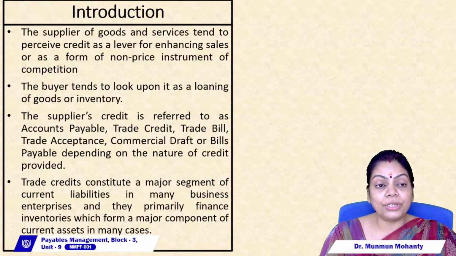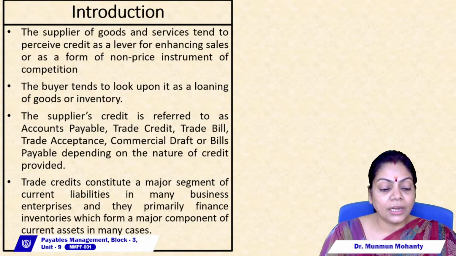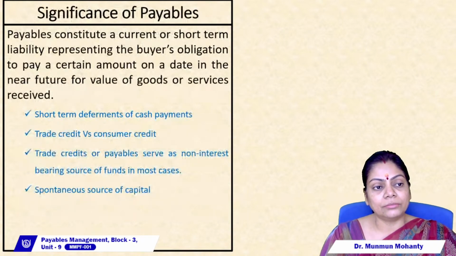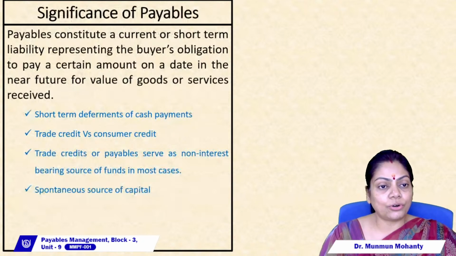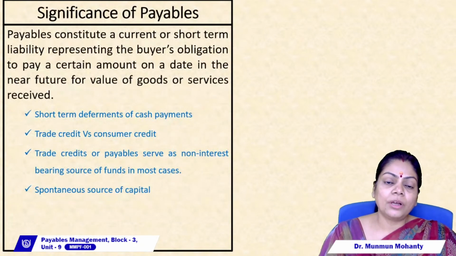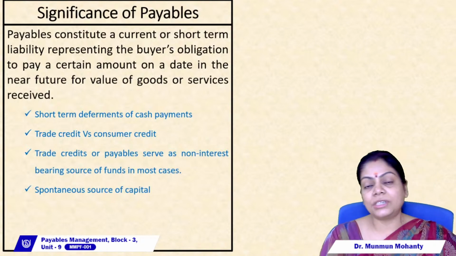Now we talk about the significance. The payables, which constitute the current liability or the short term liability, represent the buyer's obligation to pay a certain amount on a date in the near future for whatever goods and services he has purchased.